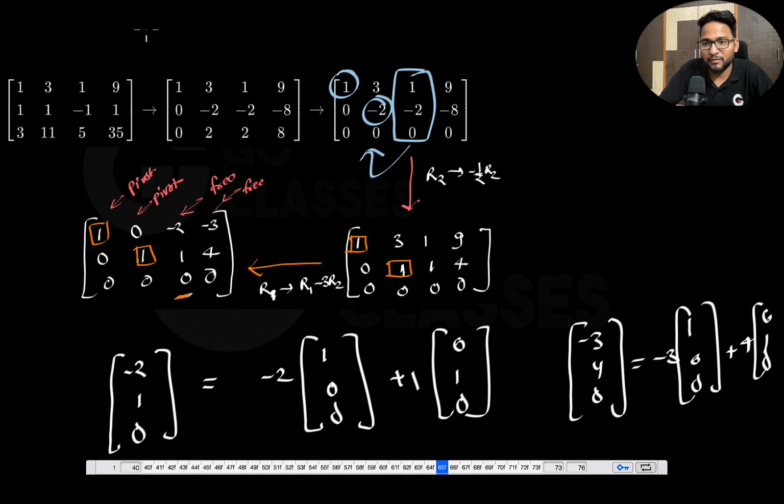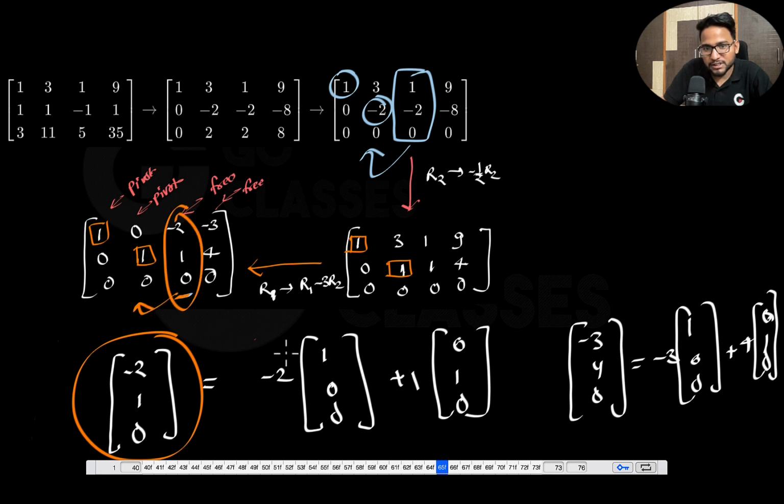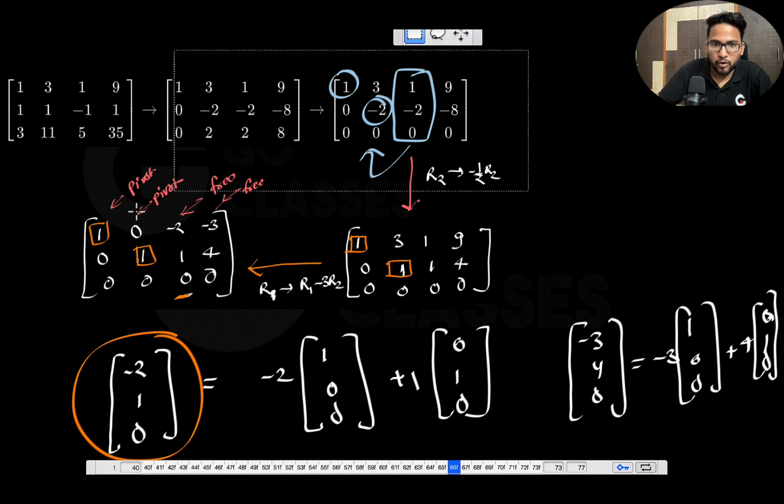If you remember from our previous discussion, I told you that if this vector is a linear combination, let's say minus 2 into this and 1 into this, then this also is minus 2 into the first and plus 1 into this.